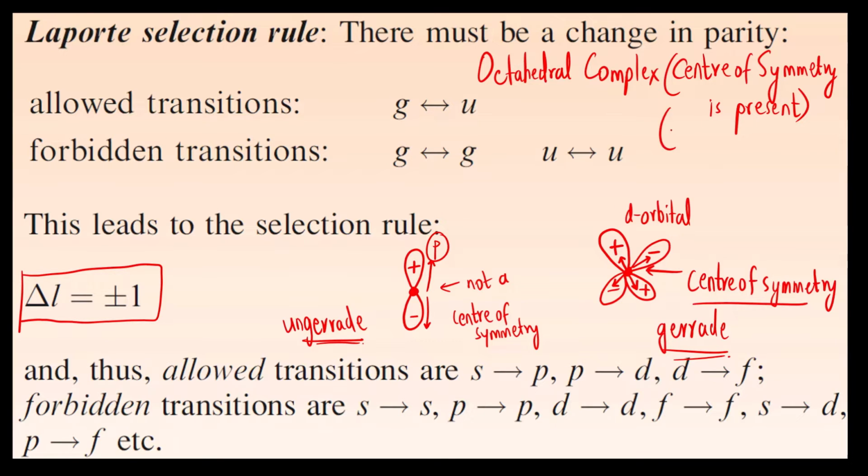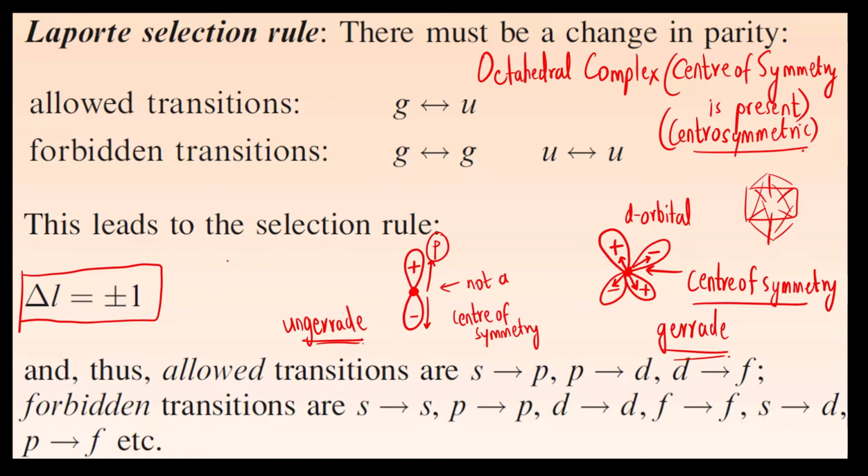There is a center of symmetry present. So these are called centrosymmetric complexes. Okay, the octahedral complex is centrosymmetric in nature.